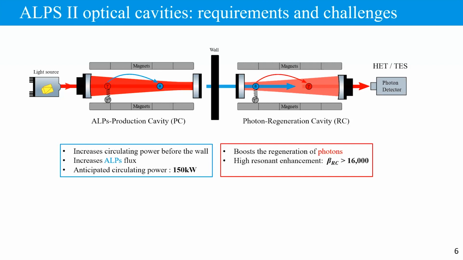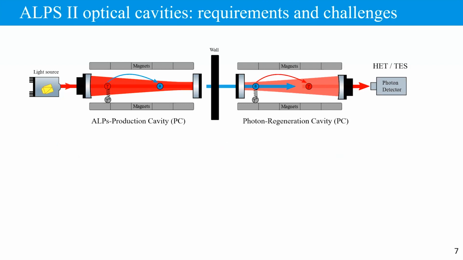For the final science run, we are anticipating a circulating power of 150 kilowatts in the production cavity. On the other side, we have the so-called regeneration cavity, and the main function of this cavity is to boost the regeneration of photons. And the enhancement factor that we will have in the end for the science run will be more than 16,000.